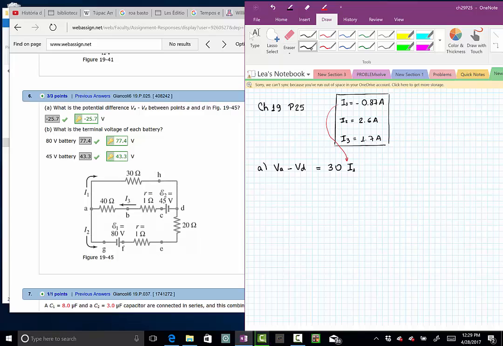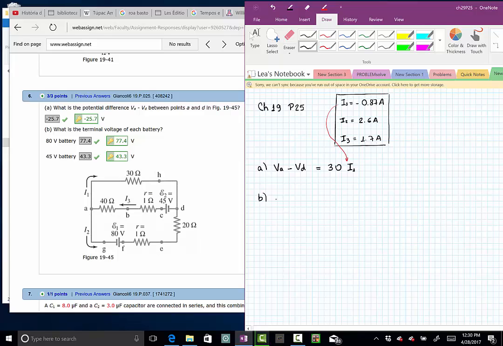For part B, what we want is the terminal voltage of each battery. You see in the problem that the battery comes together with an internal resistance, right? What they are giving us here is the EMF, not the net voltage that the battery provides us. And you know very well how to get the voltage.